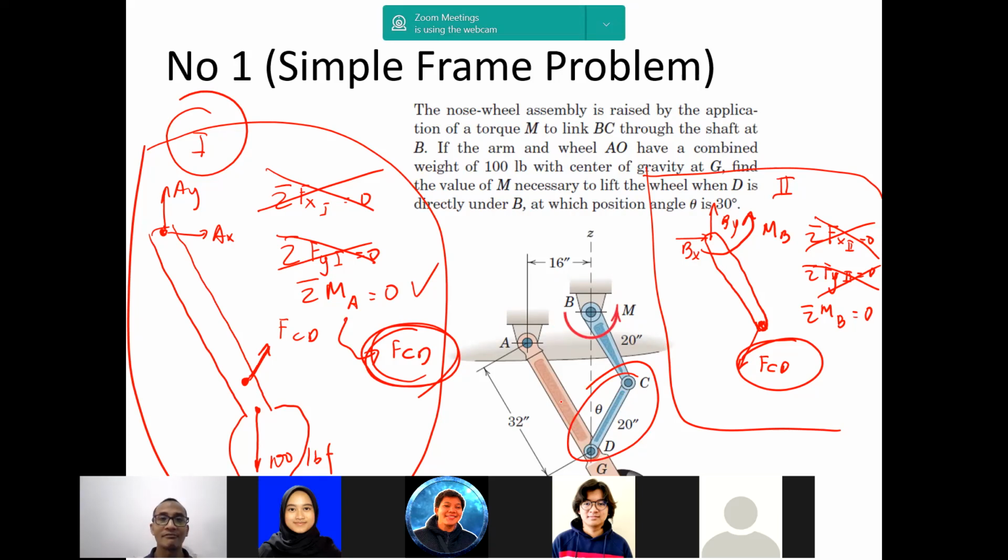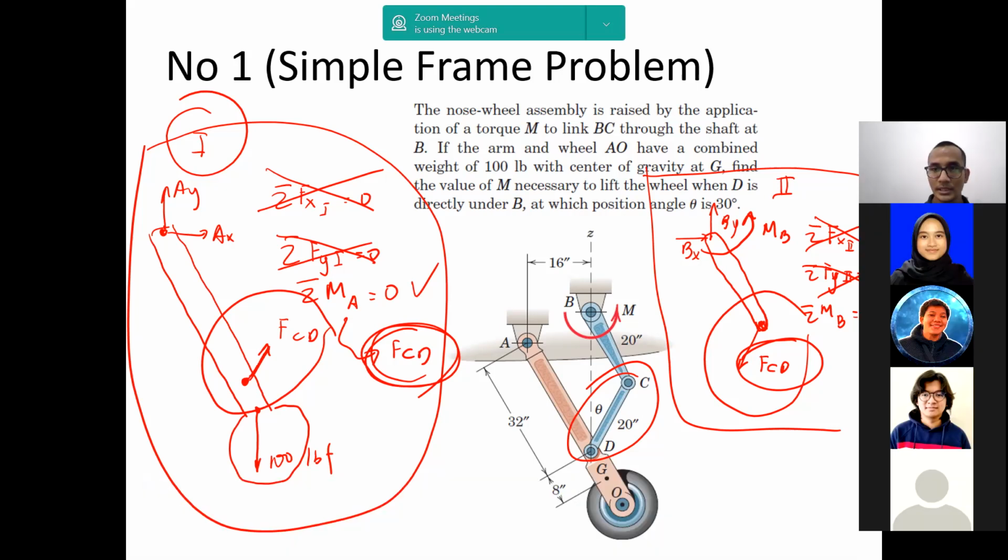Then the next step is to isolate the non-two force member, the multi-force member. In this case, we have AO and BC. Because it's a two force member, we know the direction of the force. We replace the two force member with a force in the same direction as the member, like this. That's the way to solve it. Do you get it, right, Randy? Yes, sir. Good. Thank you.